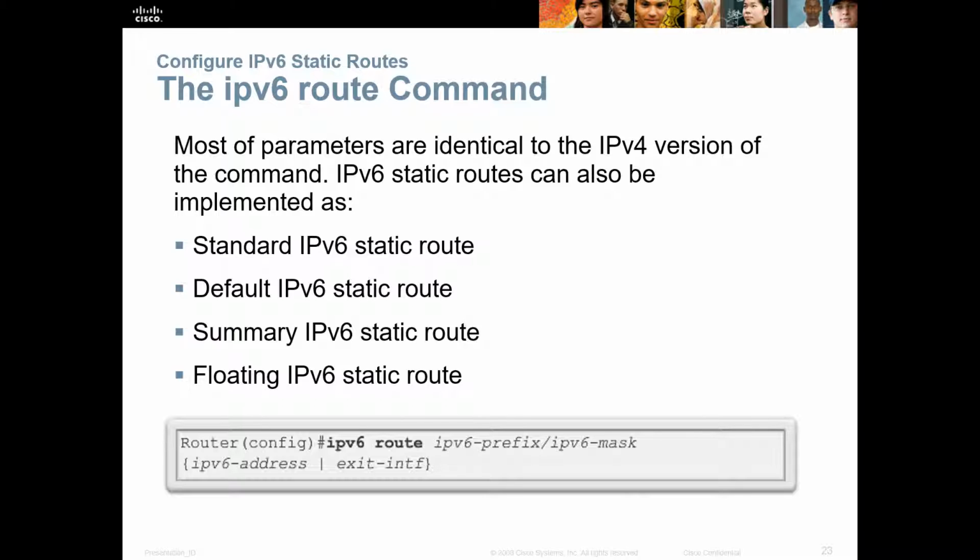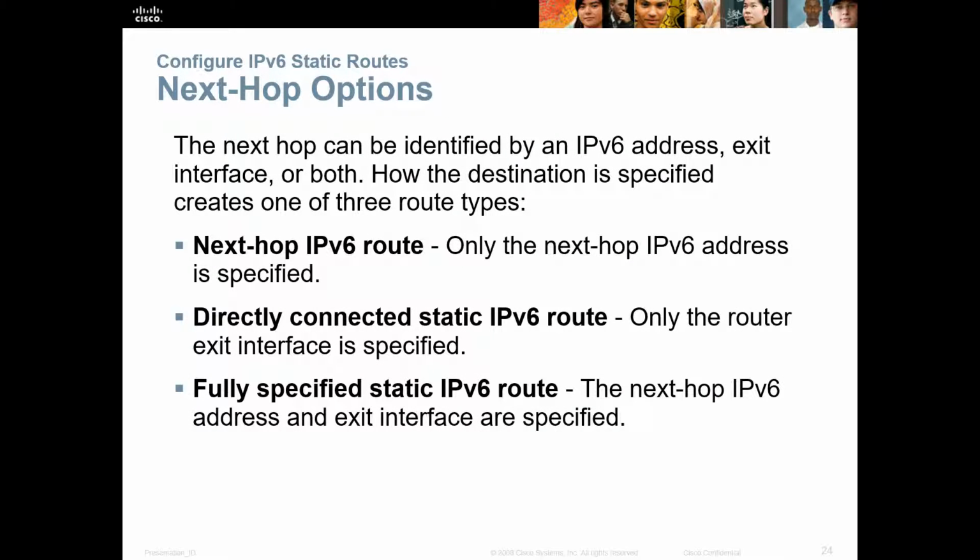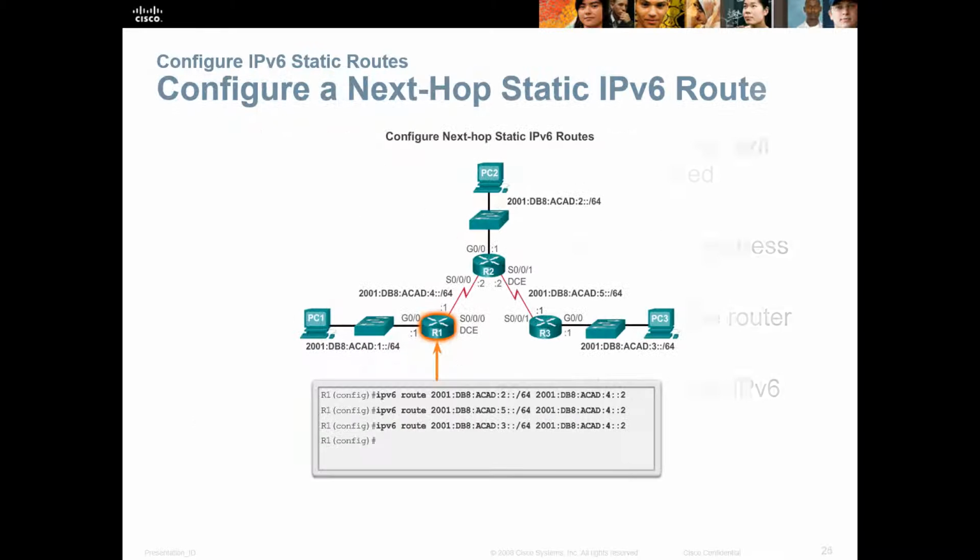Standard, default, summary, and floating. Same general explanation as IPv4. You just have to remember that here we're using a separate IP version protocol. Next hop for an IPv6 route, that's, again, going to be the next IPv6 address. Directly connected, fully specified static routes. Again, same thing like IPv4.